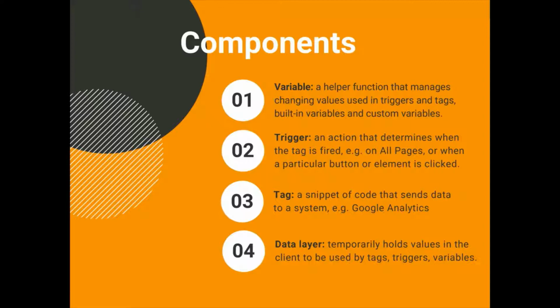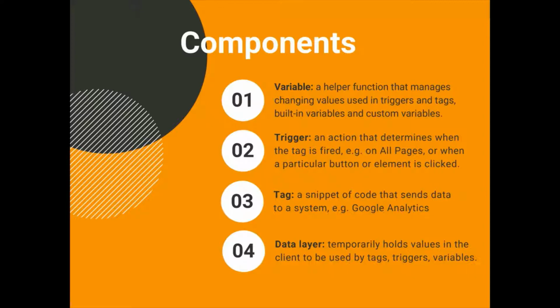So triggers. A trigger is an action that determines when the tag is fired. So a lot of tags, something like Google Analytics, we want that to be fired on all pages. So every single page of the website, we want Google Analytics to be running, so we know, regardless of which page of the website people are on, where they are and what they're doing.